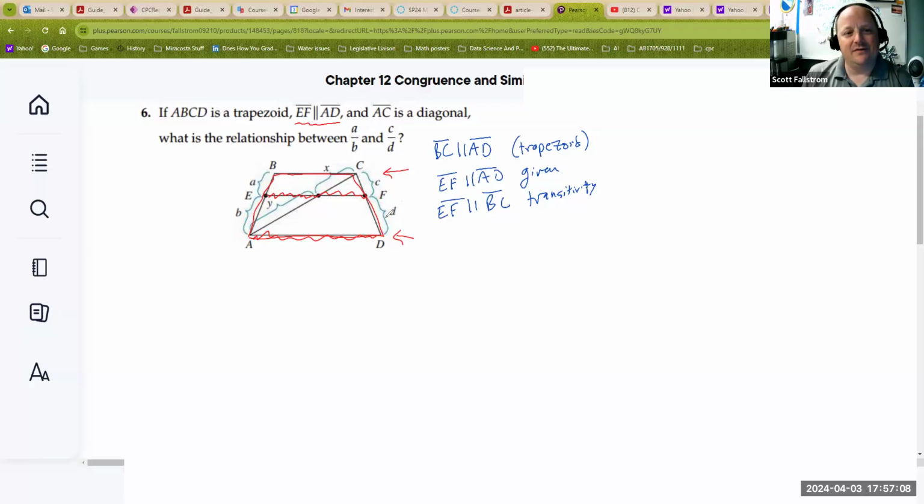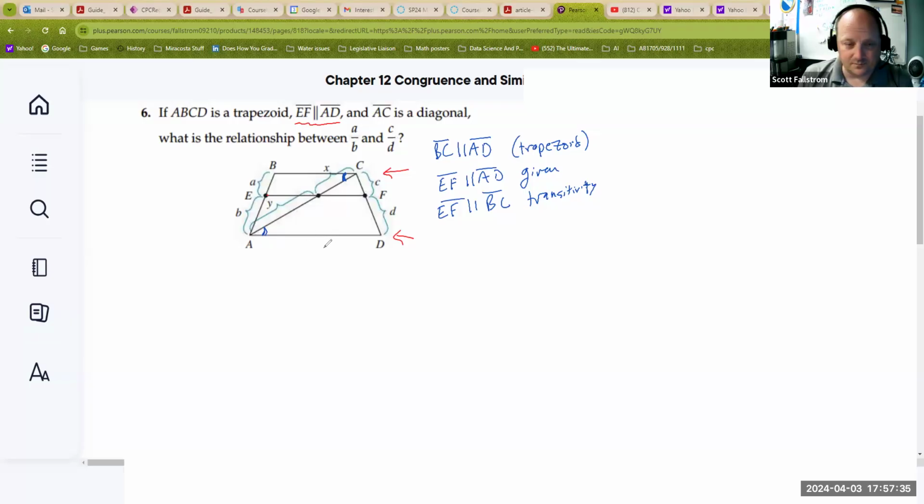So now, if you wanted to picture this, let me get rid of my drawings over here. Let's mark off some pieces that we know. We know some lines are parallel, right? So I know that this angle up on top is going to be congruent to this angle down here.